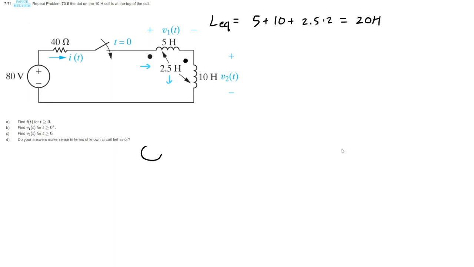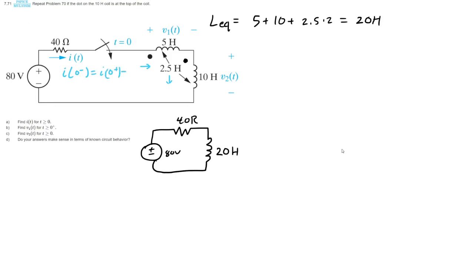Go ahead and draw the little circuit. 20 henry and 40 ohms. This is still 80 volts. All right, so I(0-) is going to equal I(0+).